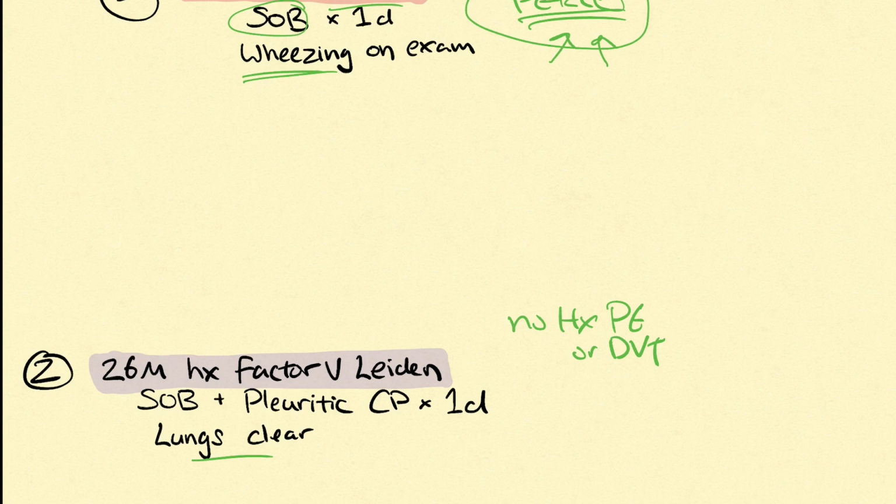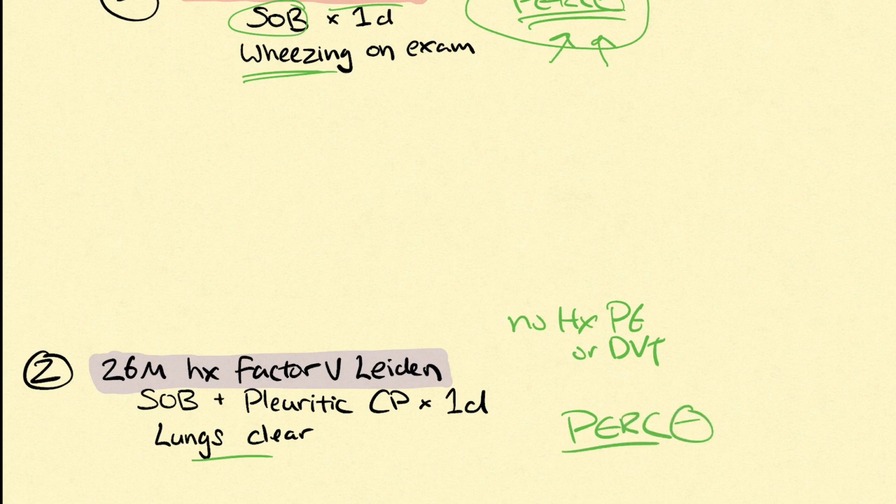And some clinicians might even call this person high risk for PE, right? They might even skip the D-dimer and go straight to a CAT scan. Now, technically, if this person's heart rate was under 100 and their O2 sat was over 95, this person, by PERC criteria, would be negative.